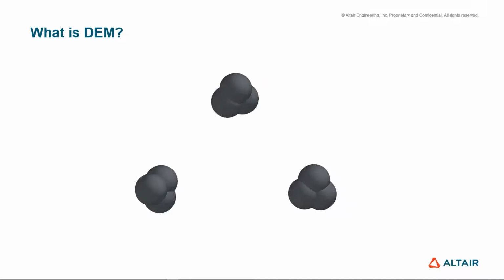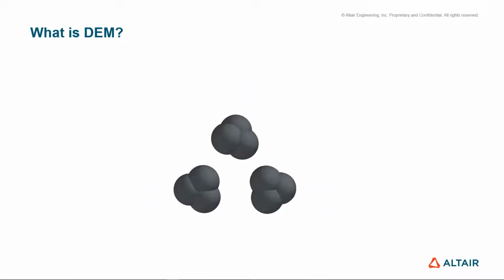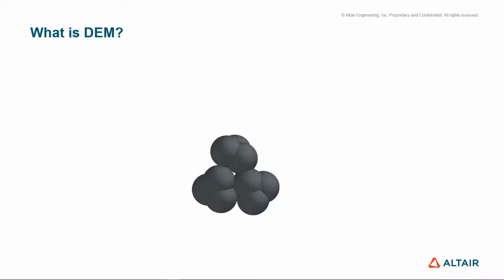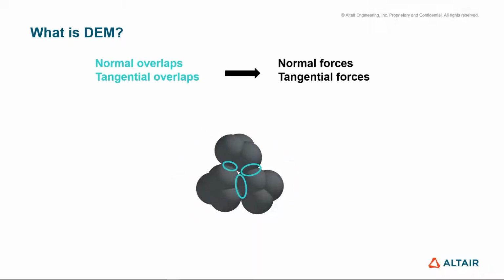At the beginning, the particles are assigned initial linear and rotational velocities. There are no forces acting on those particles. But then they move closer to each other and finally they collide, as we can see there. When they collide, overlaps are created and then we can have normal and tangential forces acting on those particles.